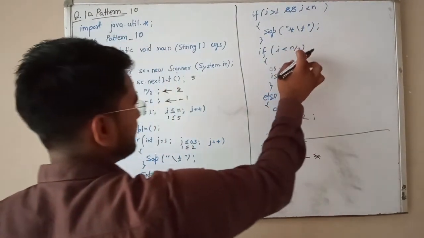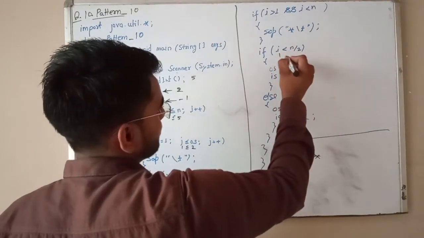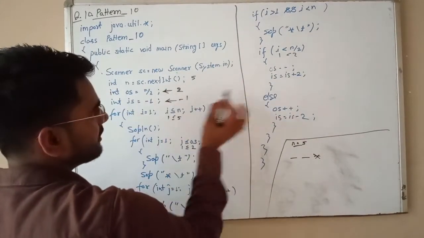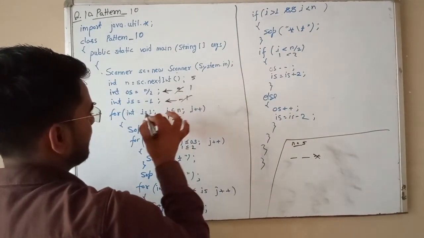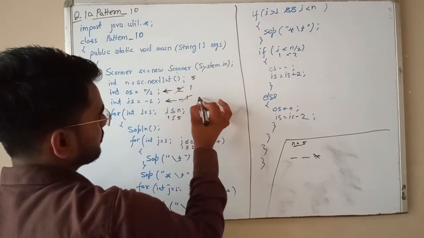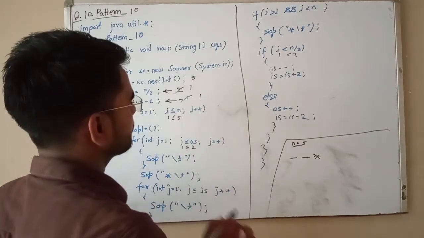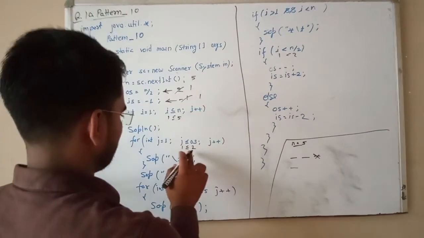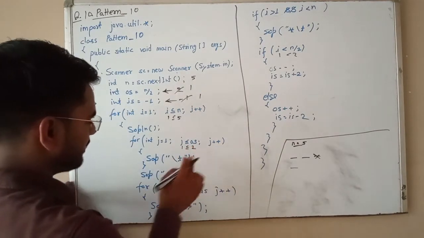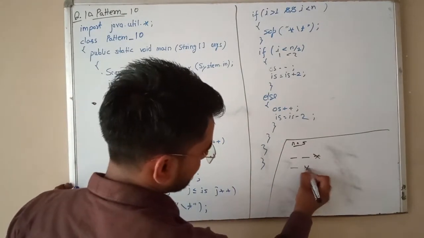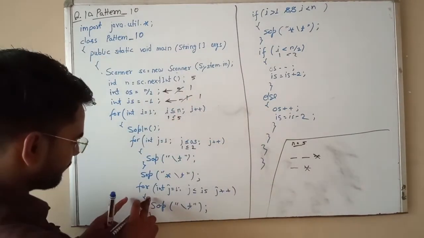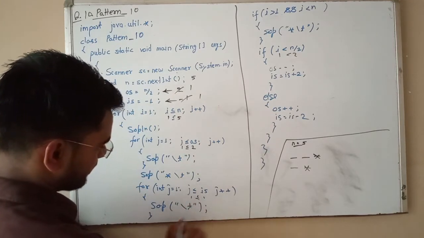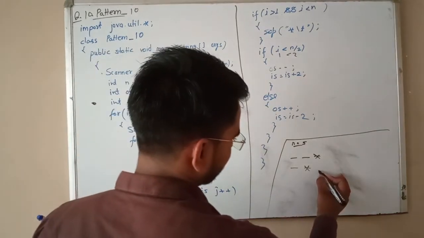Here i is less than or equal to n by 2: i is 1, less than or equal to 2, the condition is right. So outer space decreases by 1 and internal space increases by 2, so minus 1 plus 2 equals 1. So 1 space is printed, then star, and this for loop with j equal to 1 runs one time.